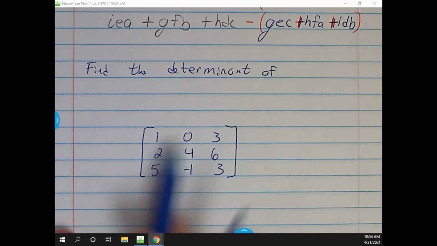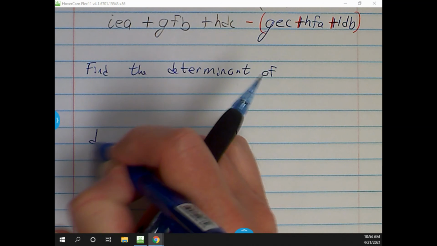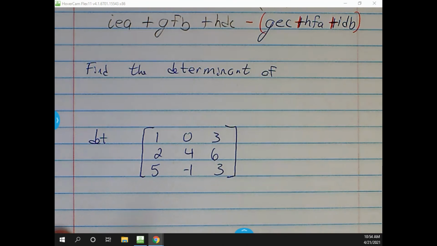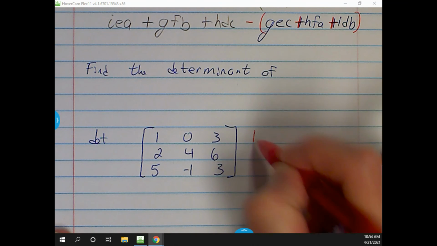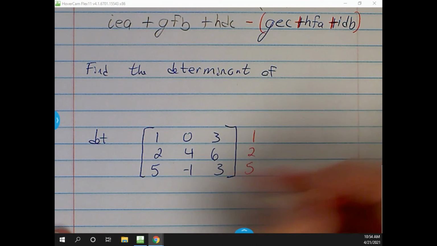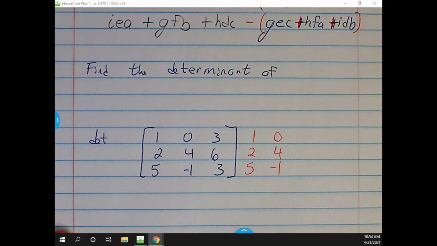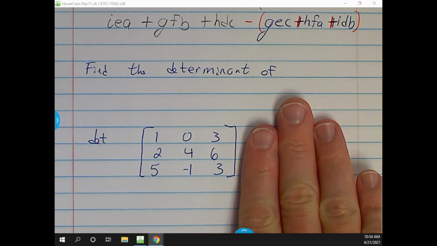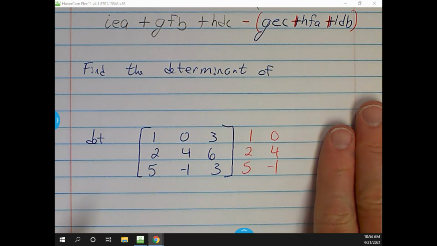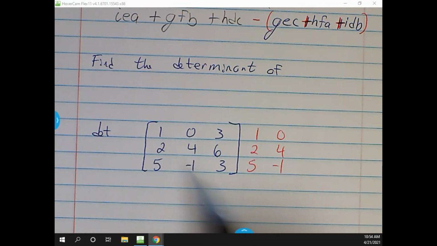A lot of times they'll just put DET beside it and have you go from there. Then we're going to take these first two columns and rewrite them one more time out beside it. Y'all would do the same thing in the homework: they'll tell you to find the determinant, you write down the original matrix, and then tack on the first two columns again on the end.